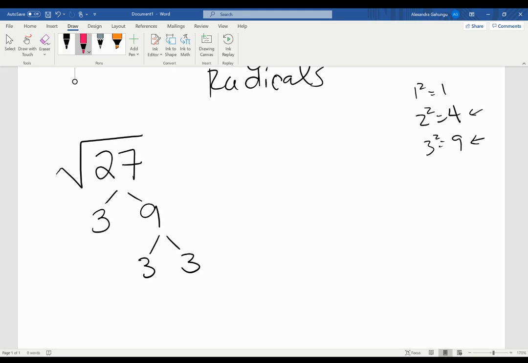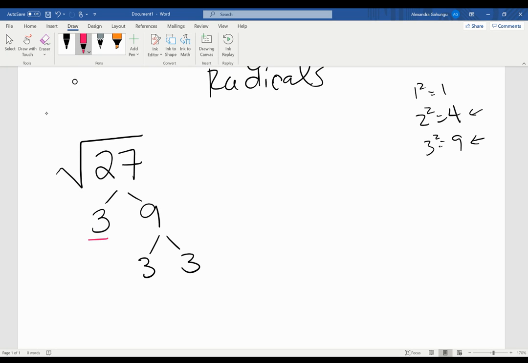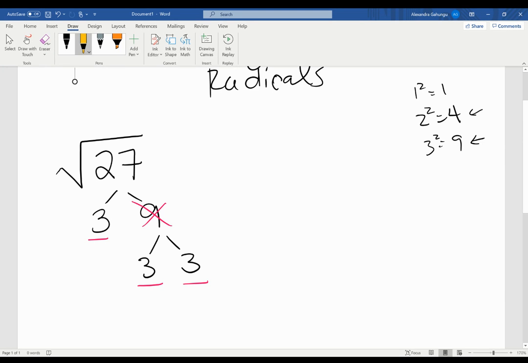To simplify a radical, you look for pairs of numbers, and you look for those pairs at the end of the factor tree. So this is the end of the factor tree. 9 isn't the end because we broke it down. So I look for pairs. I need a buddy to leave the house. I need a buddy to leave this square root.